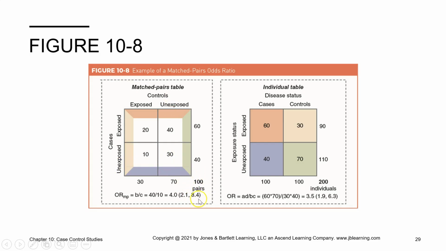And so you have 100 pairs here, but then when you break it up into the individuals, the individuals are 200 here. And then you can see how the odds ratios are pretty close to each other. They're not quite the same, but they're both statistically significant and have a range that's fairly similar there.